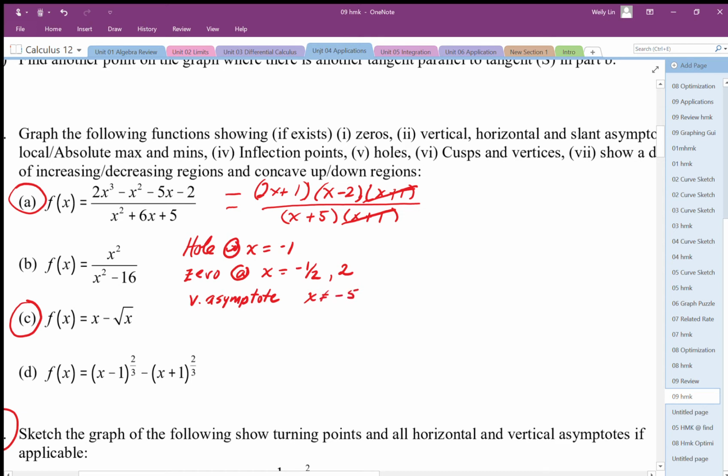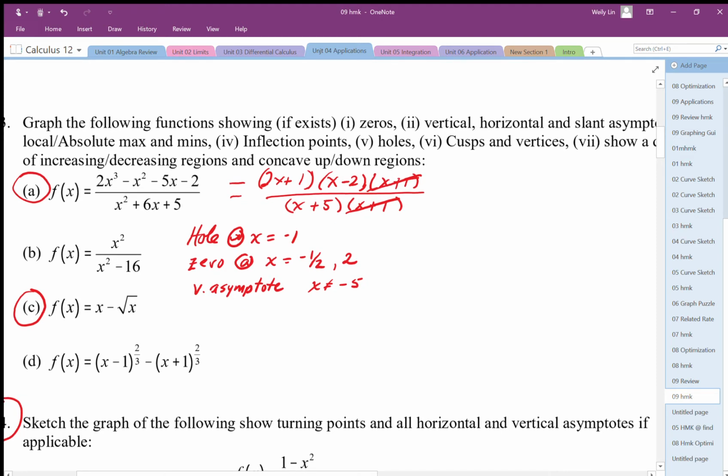Okay, so we've got our zeros, and we need our horizontal or slant asymptote here. In this case, since the degree is 1 higher in the numerator than the denominator, it's going to be a slant asymptote. So we're going to divide. We have our x plus 5 dividing into 2x squared minus 3x minus 2.